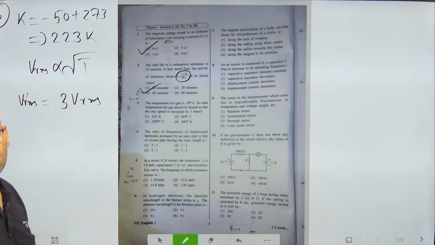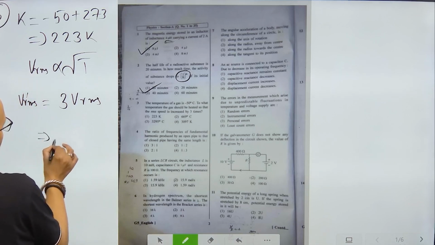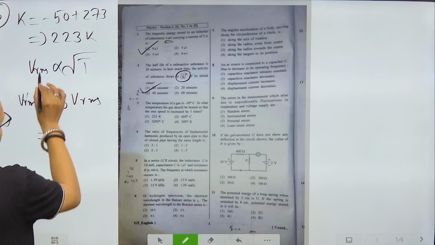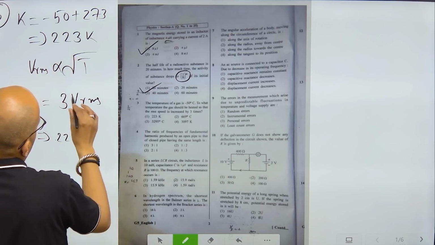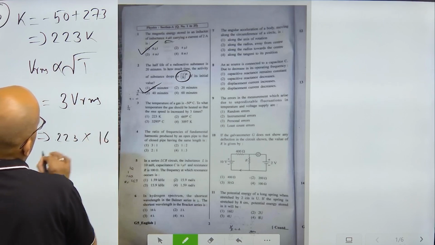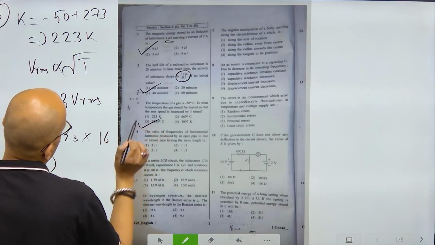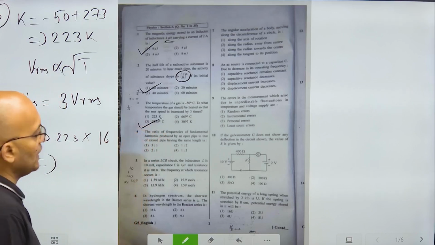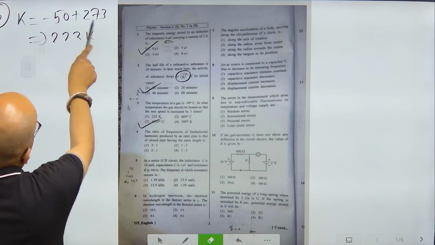That's what we need to do. For what value of temperature will it be possible? So this means that 223 into 9... Your answer, when you calculate it, will come out as 2007 Kelvin. Okay, again a very easy, direct formula based question.